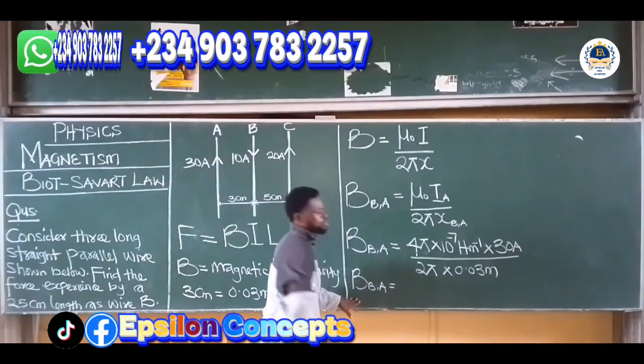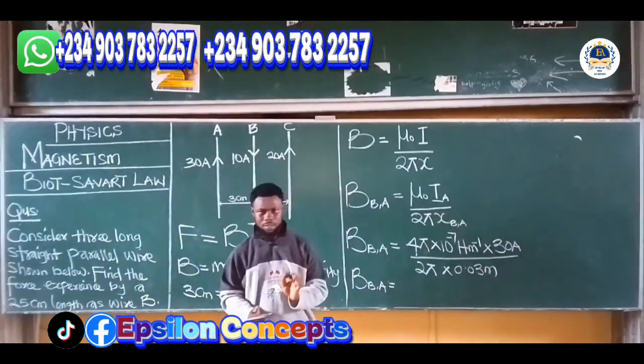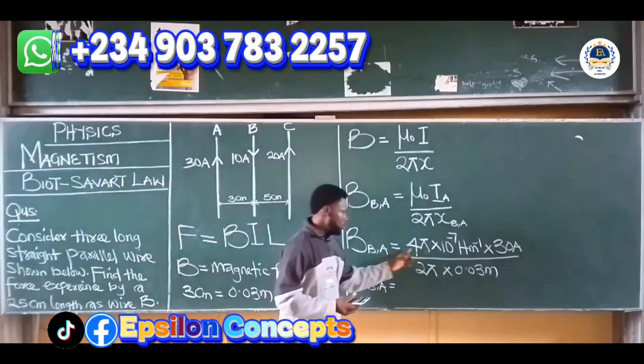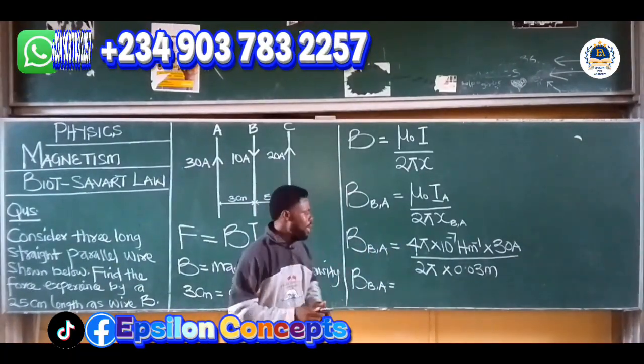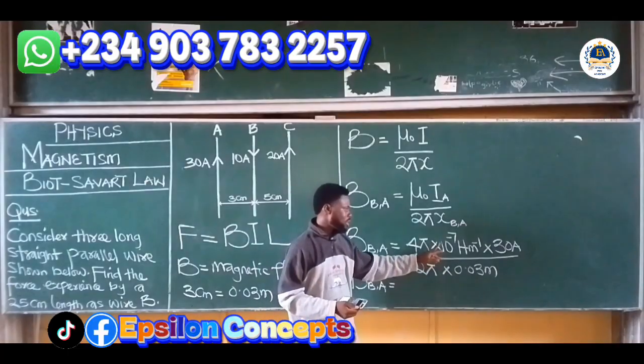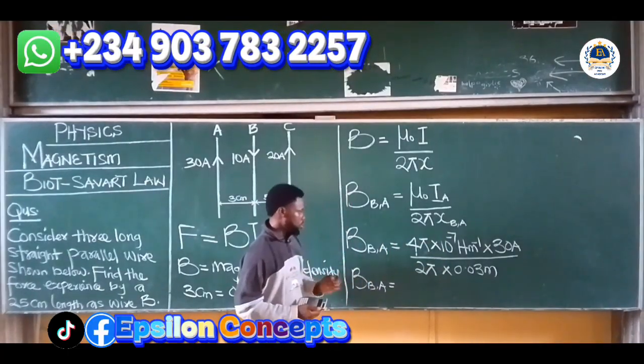Now this is where most students make mistakes. At the numerator, most of you obtain an error after typing 4 pi exponential negative 7. This is how we obtain the right result.